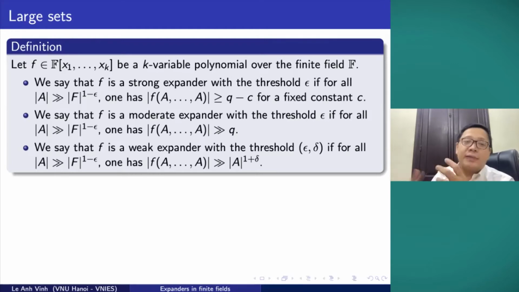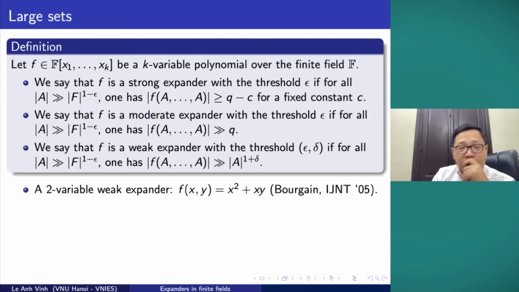And we want to find the relation between epsilon and delta. There are some strong results. The first weak expander, a 2-variable expander, is given by Bourgain. He showed that x squared plus xy is a two-variable expander. And when you apply it to the set, it expands the set.